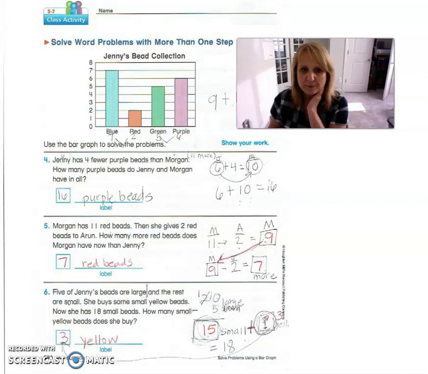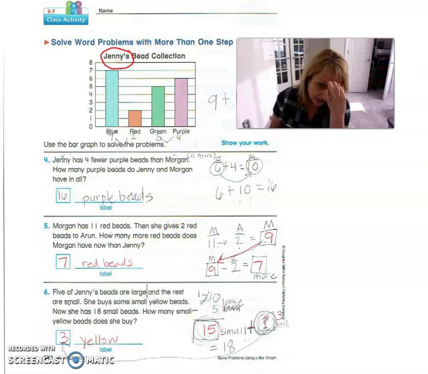And then turn to the back page and let's check our answers back here. Number 5 said, Morgan has 11 red beads. Then she gives 2 red beads to Aaron. How many more red beads does Morgan have now than Jenny? All right, so Jenny is the one up here.